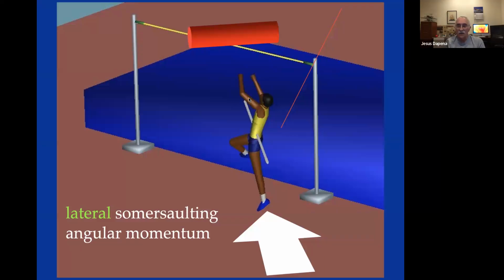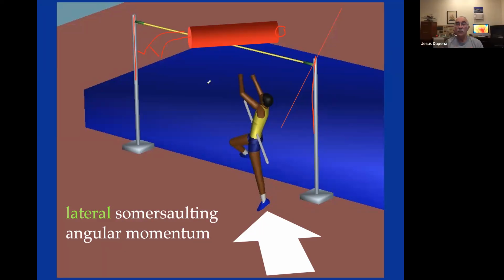Of course, our high jumper does not want to be like this. In this position, the head would be around here and the legs there, so the head would be closer to the right standard and the feet closer to the left standard. You don't want that.